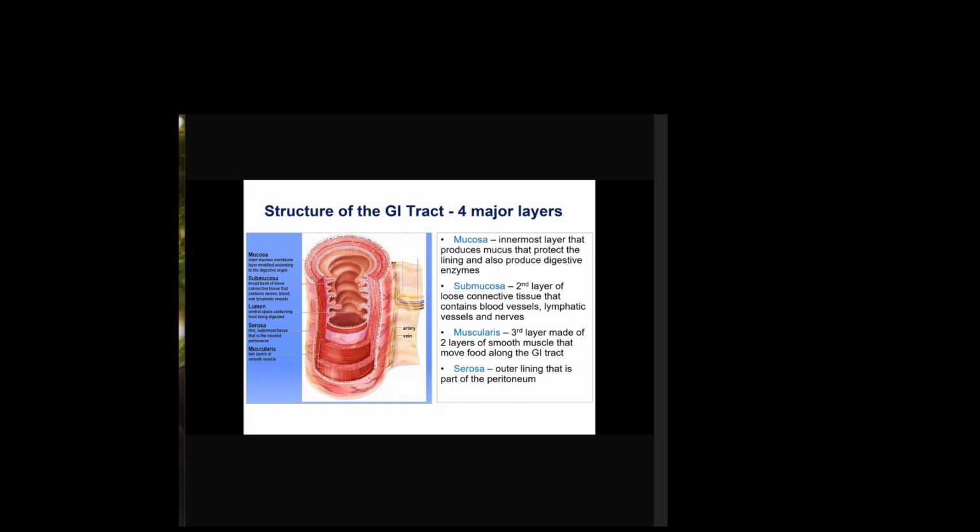So now let's look at the cross section, the transverse section, of the digestive tract. Here, we have an innermost layer called the mucosa. I said it has mucus that protects the lining and also produces enzymes. Then you have the submucosa, the layer beneath, a loose layer of connective tissue with blood vessels, and the lymphatic vessels are also present there.